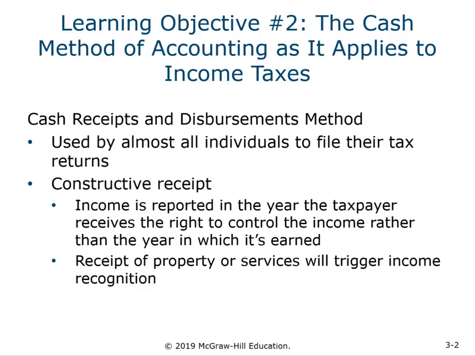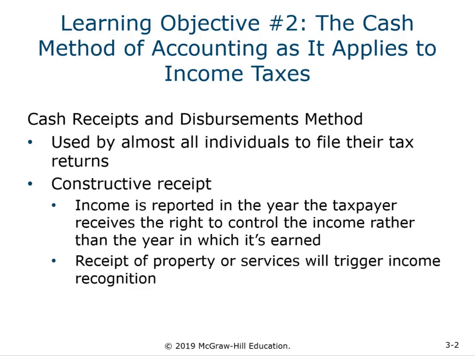Now, when you have a business, it can be a little harder to determine that with regard to constructive receipt. Let's say we did some work for a client. They sent us a check.